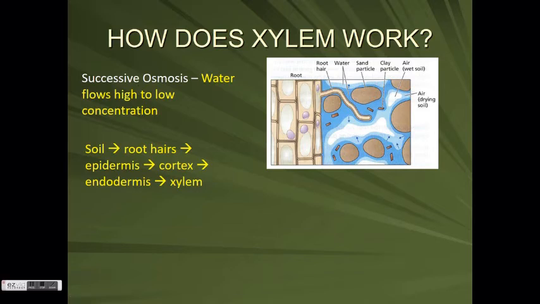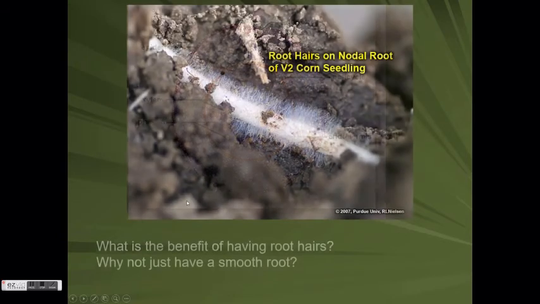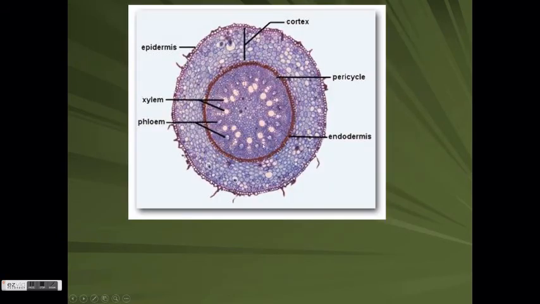Successive means moving from one layer to the next to the next. So a pathway, getting the water from the soil into the xylem. And again, here we've got the epidermis on the outside, cortex, this is the vascular tissue, so xylem and phloem. Endodermis would be a layer of cells that surrounds the xylem and phloem.